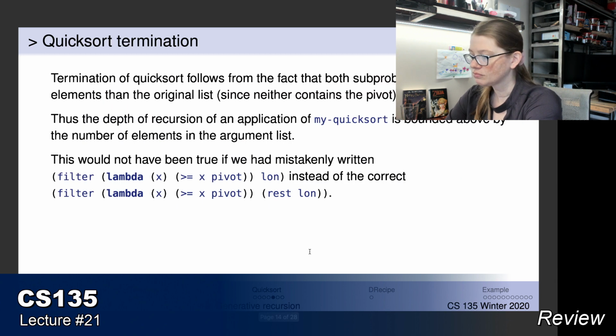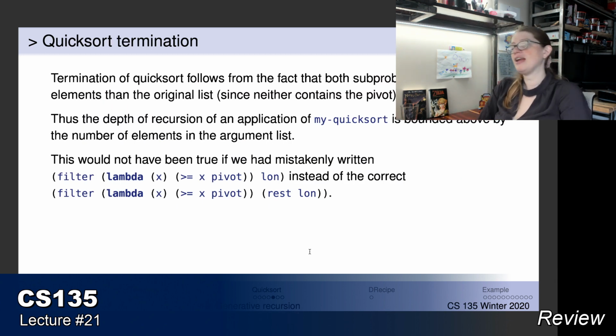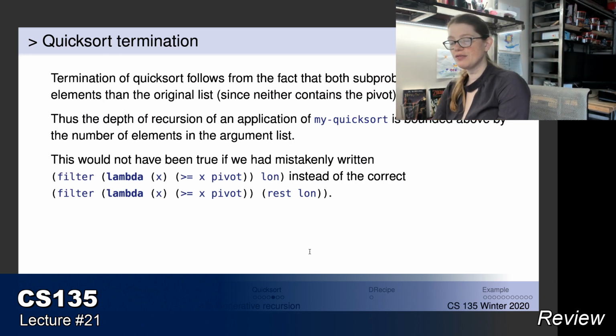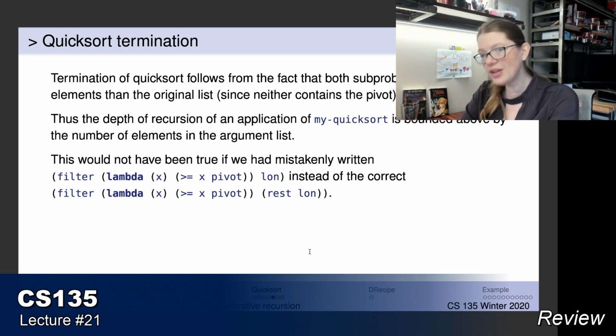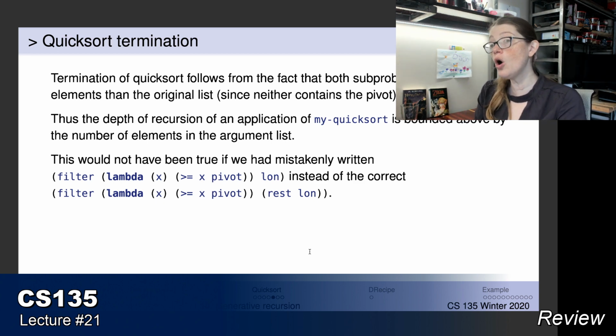So, one last thing I want to make note of is with generative recursive problems, it's very, very critical that you know inside and out the method that you are trying to implement, because it's so easy to screw up the recursive applications and the base cases and end up with infinite recursion. For example, with our quicksort termination, we know it terminates, and it's very easy to prove that it terminates.